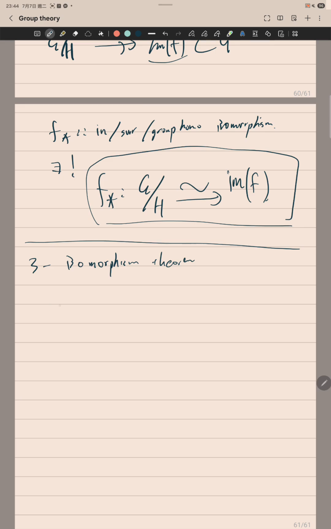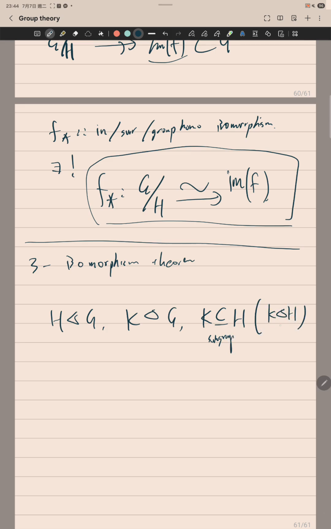The setting is that we have G, and H is a normal subgroup of G, and K is a normal subgroup of G, and K is a subgroup of H. And obviously K is a normal subgroup of H, right?